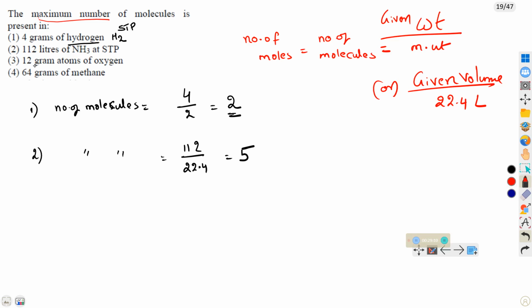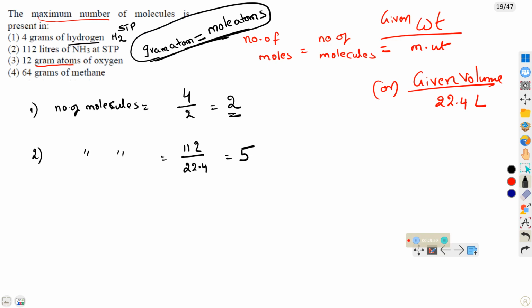Here, remember gram atoms. Gram atoms is equal to mole atoms, but I want molecules.